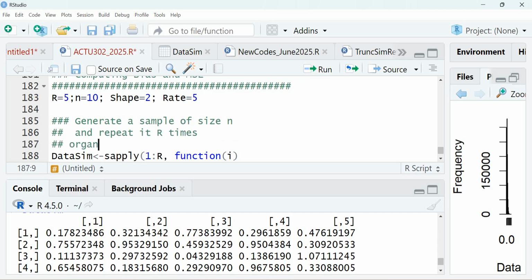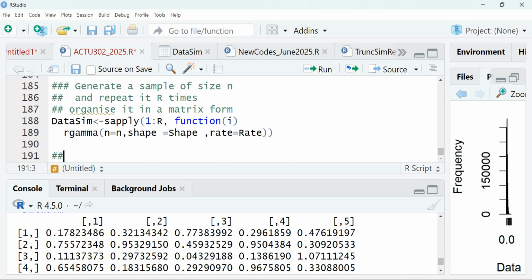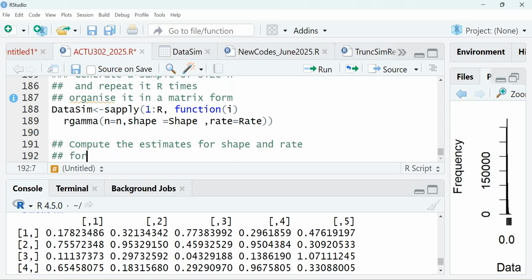The next thing is that we organize it in a matrix form. That's what that code does. We generate the sample in a matrix form. Next is that we compute the estimates for shape and rate for each sample.